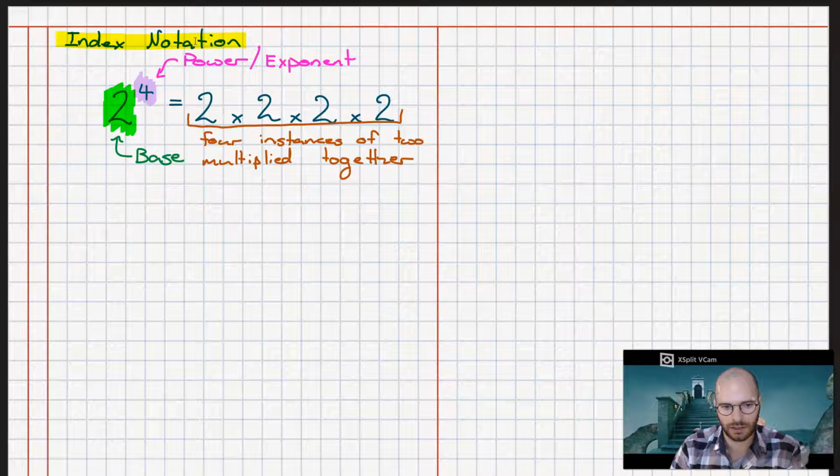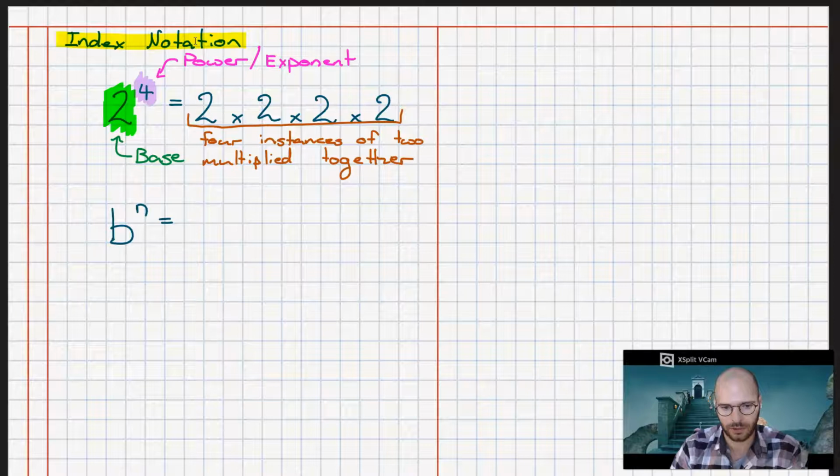Now because we're such mathematical geniuses, we can expand this to include algebra as well. Suppose we have a base b raised to an exponent n.